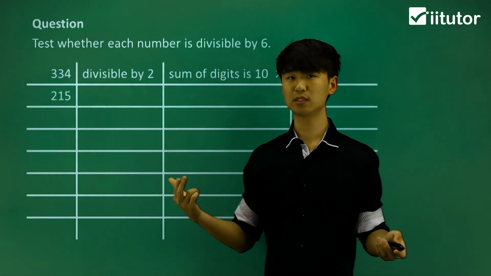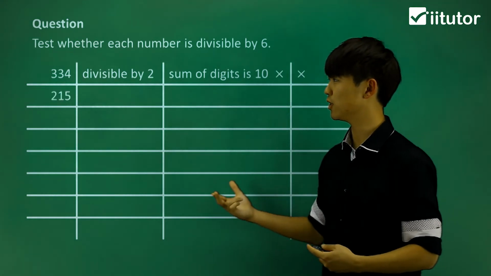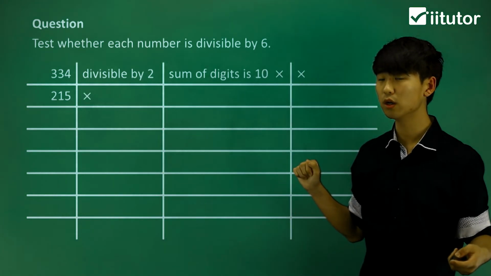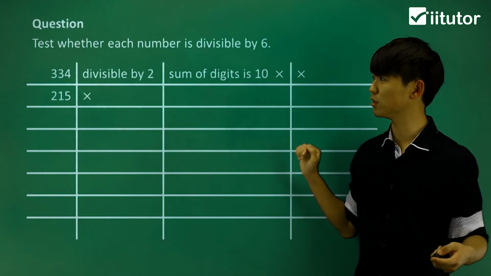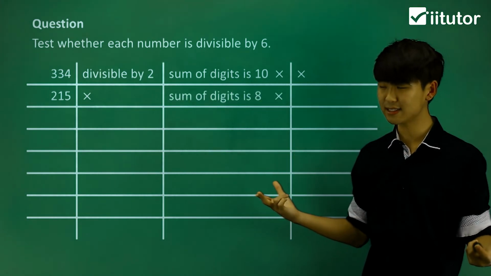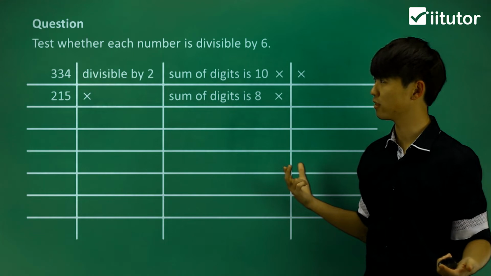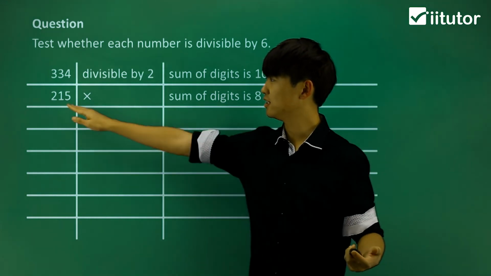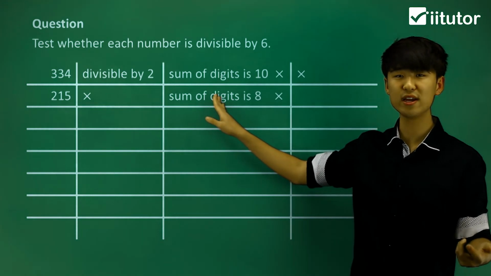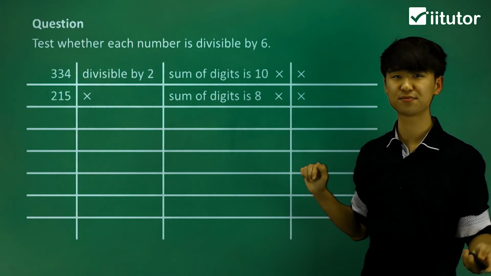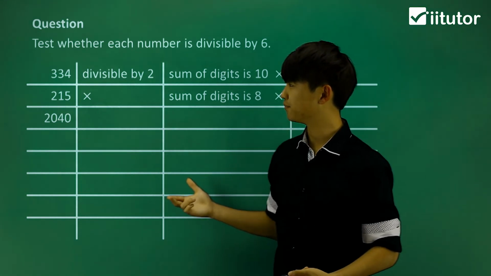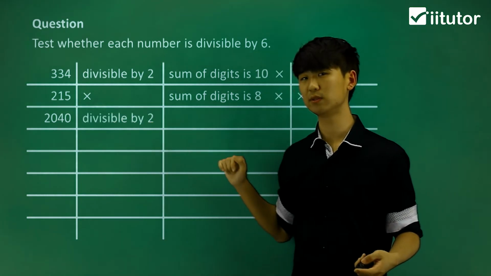Our next number is 215. Straight up, that is an odd number, so it's not divisible by 2. If you look at the sum of the digits, 2 plus 1 plus 5 gives us a sum of digits equal to 8, and that is not divisible by 3. So this number, 215, is not divisible by 2, not divisible by 3, so it's totally not divisible by 6. 2040. This is an even number, so it's divisible by 2.